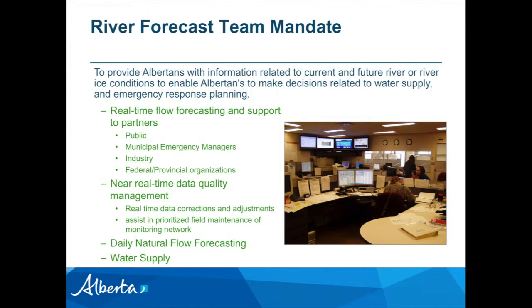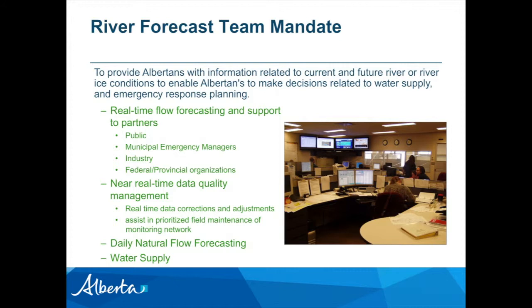We do daily natural flow forecasting, so that's a very simplified naturalization of the flows for operational purposes within the province. Really it is just managing the effects of the reservoirs upstream. Then in the springtime period we do a monthly water supply forecast. That's a little different than the operational side during floods themselves.